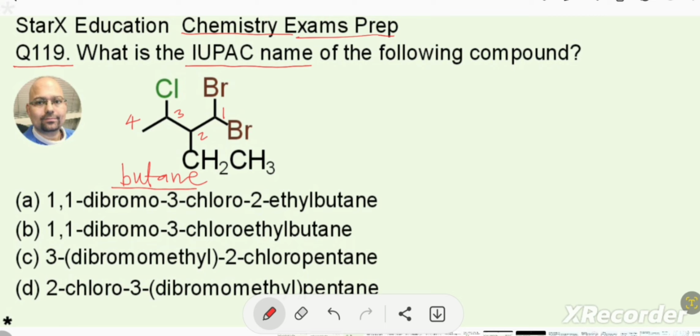Now it seems alright because it has all the substituents. It has 2 substituents to start with on carbon number 1, but it's not the longest carbon chain here in this way. Let's draw it out and try to find out if we have another carbon chain that could be even longer than the 4 carbons.